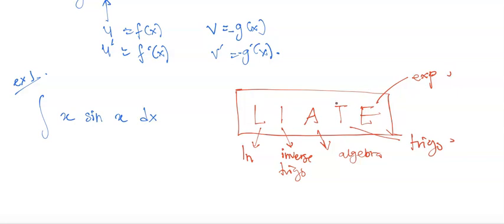So when you have two functions, which one is u and which one is dv depends on this arrangement. Okay, let's say x sine x. What category is x and what category is sine x? So x is algebra, and sine x is trigo.